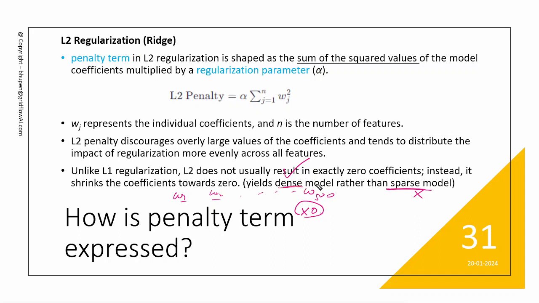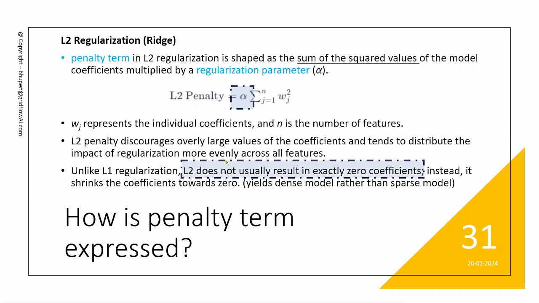This is the difference between L1 regularization and L2 regularization. Like in the previous case, I have also put a box here. We will discuss the significance of alpha in L2 regularization as well. I've also boxed this phrase: L2 does not usually result in zero coefficients. We will understand why and how.